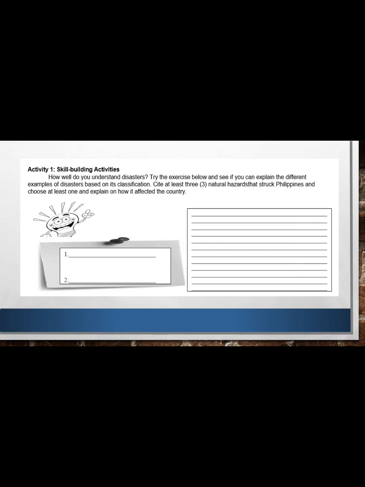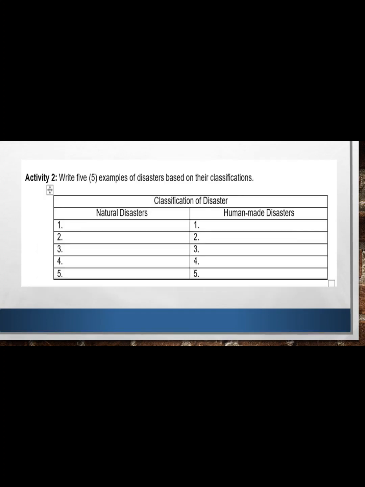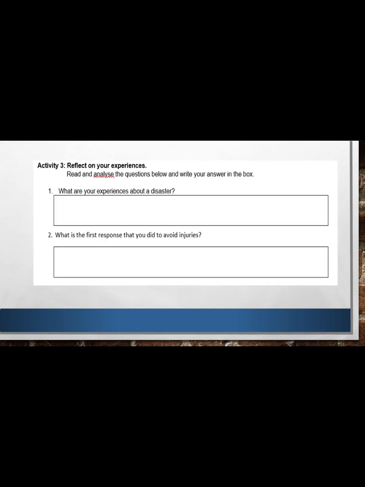Cite at least three natural hazards that struck the Philippines and choose at least one and explain how it affected the country. Next activity is you have to write 5 examples of disasters based on their classification. So maglalagay lang kayo ng sa natural disaster, ano-ano, and then sa human-made disaster.